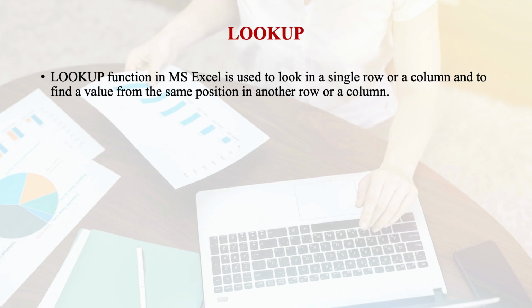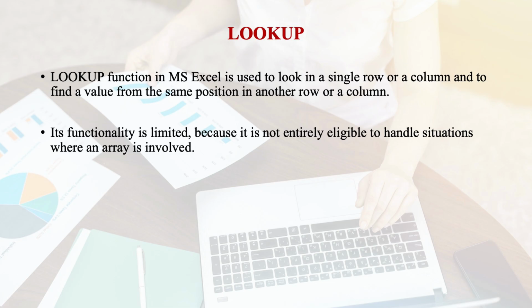Before working with VLOOKUP and HLOOKUP formulas, we are supposed to understand what a lookup function is. A lookup function in MS Excel is used to look into a single row or a column and to find a value from the same position in another row or a column. Its functionality is quite limited, and it is not entirely eligible to handle the situation where an array is involved.